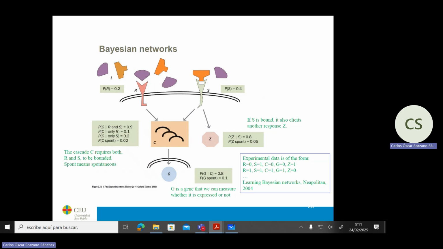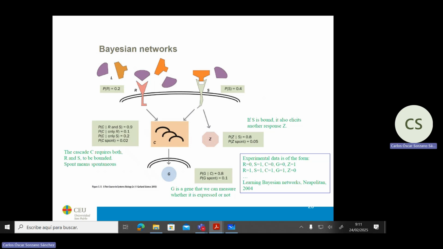You have a lot of snapshots of cells, and for each one of them you measure all these activation states. From these activation states, there are algorithms that tell you how to compute these probabilities. And once you have the probabilities, you can easily simulate what will happen if this receptor is occupied.